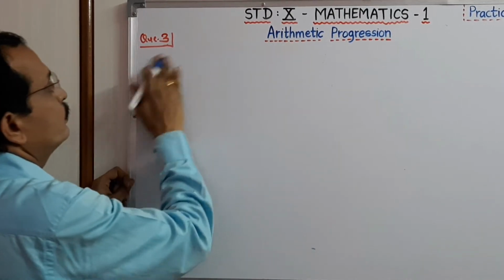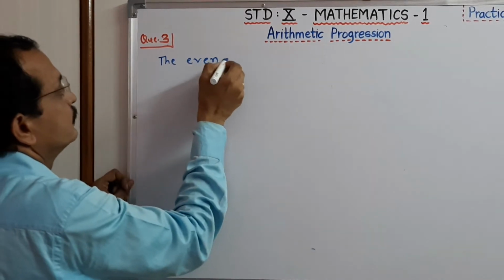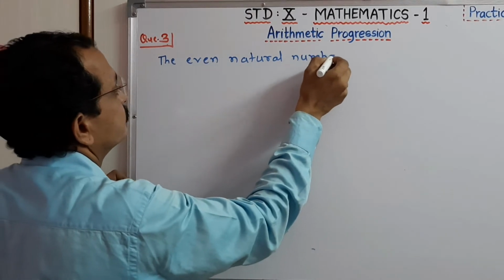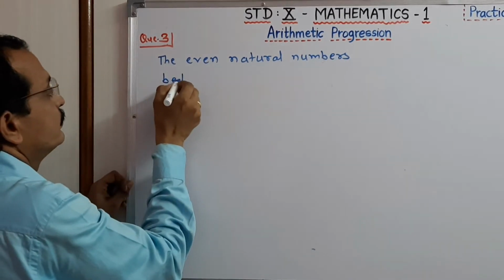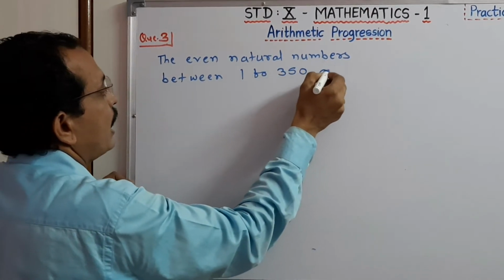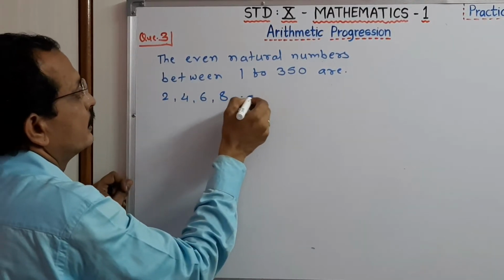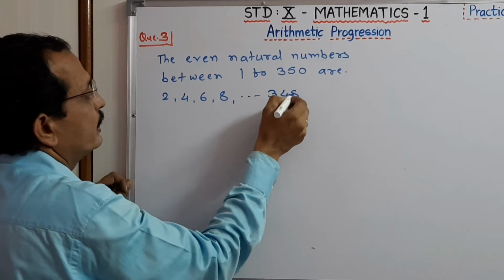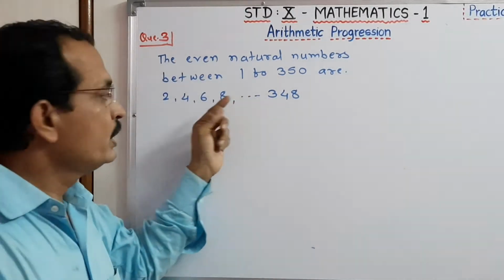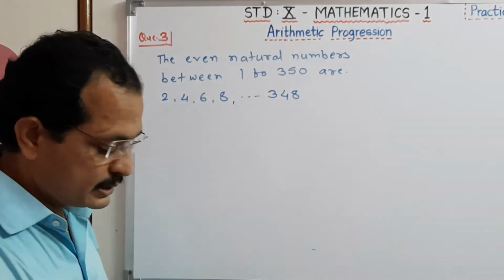Dear student, if the word is from instead of between, then we write 350 as the last term. Got it?